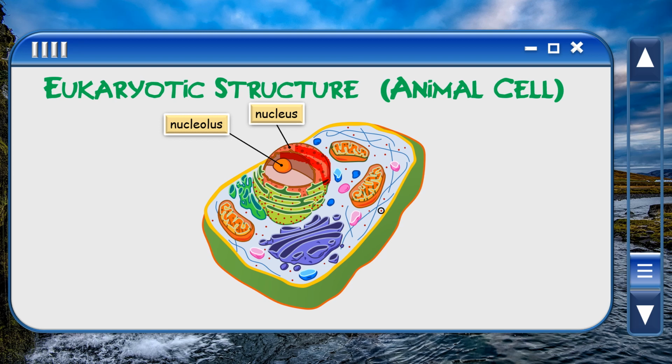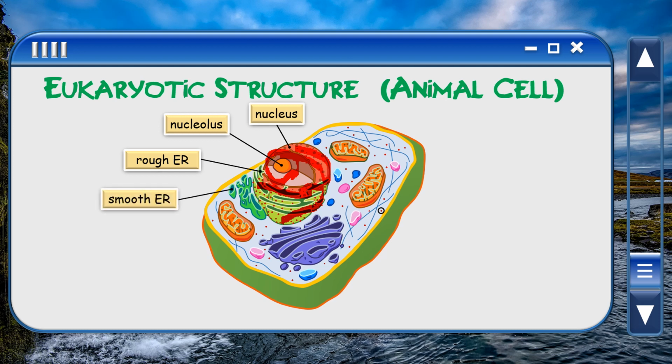Then inside the nucleus, we have a structure called the nucleolus. On the sides of the nucleus, there is attached a structure which we are seeing as rough membranes. All these rough membranes are referred to as the rough endoplasmic reticulum.